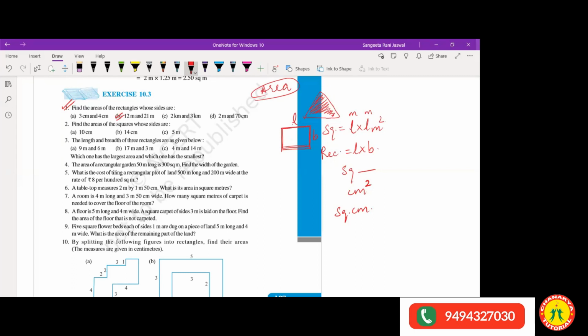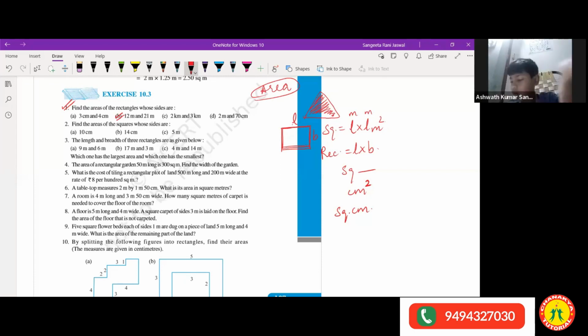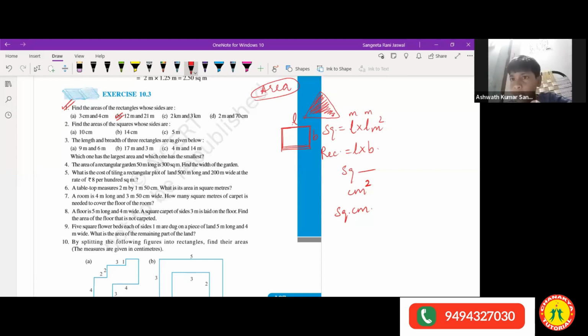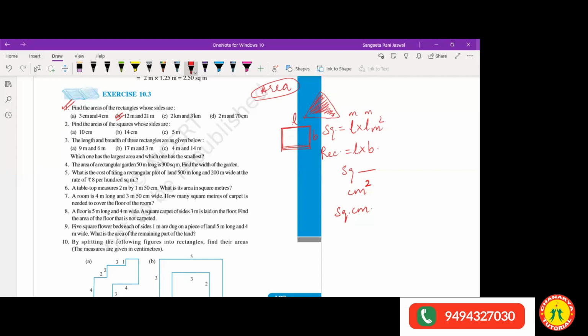Let others also do. I got 252 meters. Why are different answers coming? 252 meters.